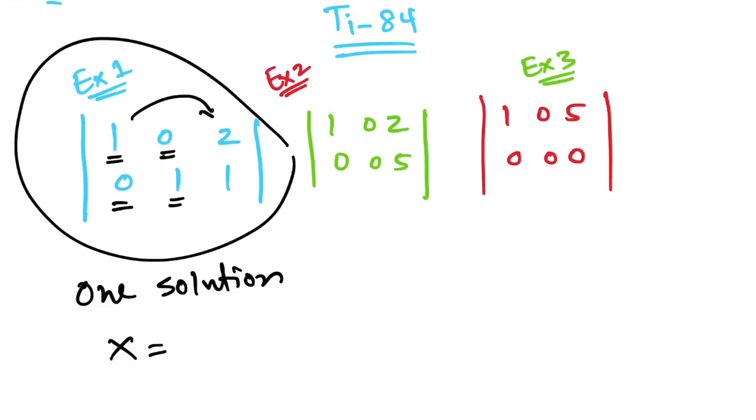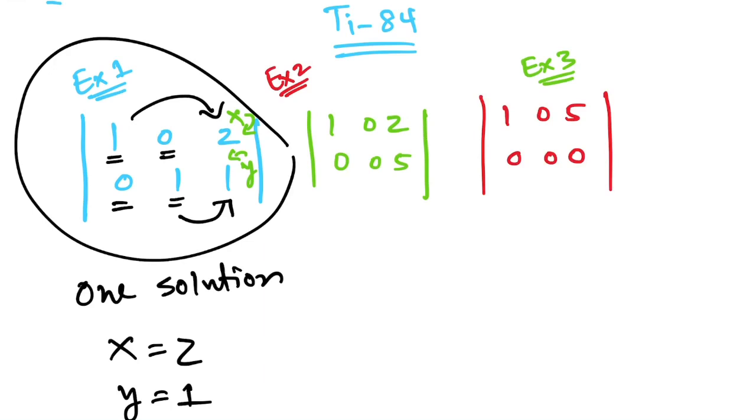So your x value will be equal to 2, and this is going to be your y value. So your y value will be equal to 1 in this case. To make a long story short, this is your x value and this is your y value.